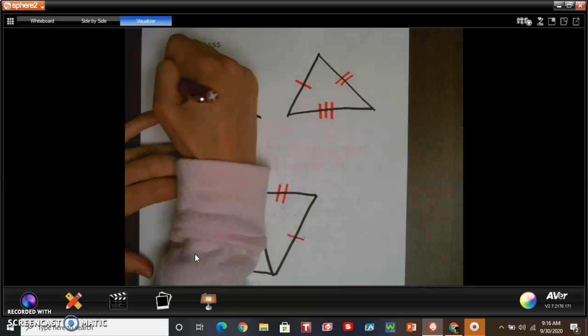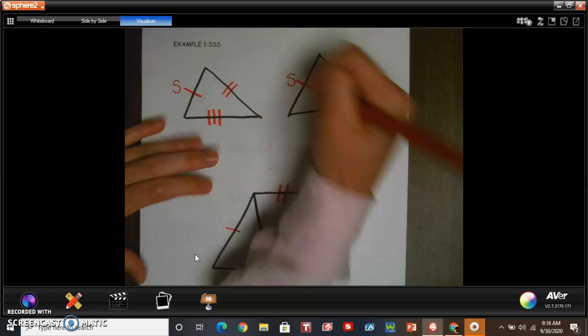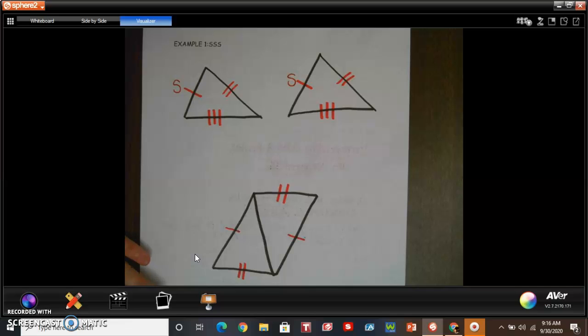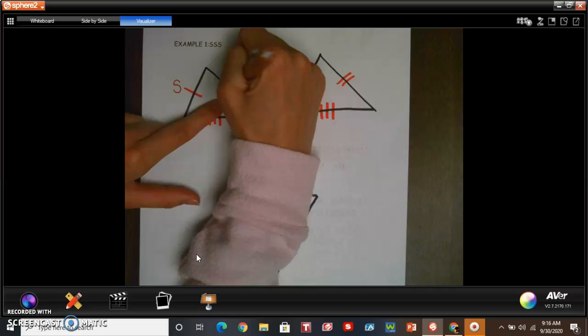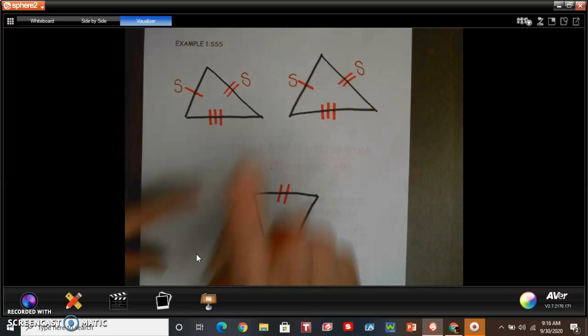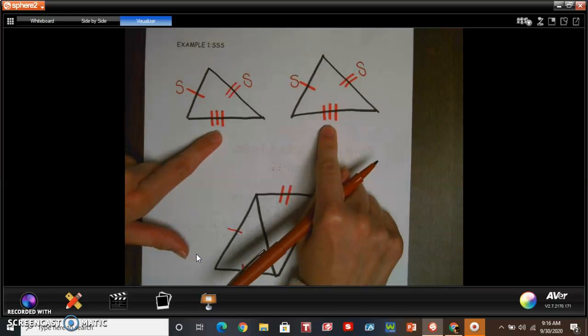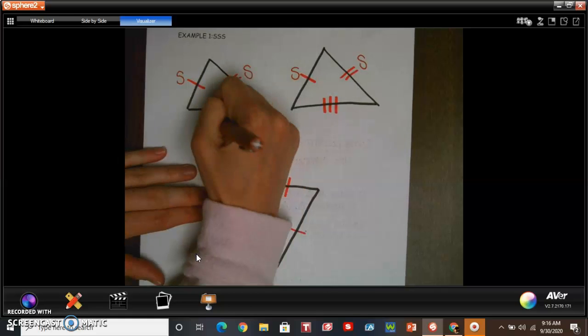I can label them S, because that's a side. So if you see a dash mark, we're going to label it S. And if the dash marks are matching, then we can label them S. So you see how both of these are two dash marks? Since they match, we can label them S. See how both of these are three dash marks? Since they match, we can label them S.